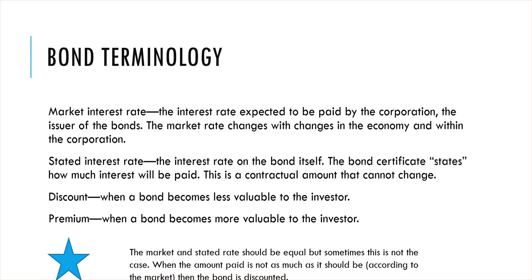So that also becomes important. But stated means it's written down. I think it's fairly easy for us to understand that. And because it's on the contract, it's what they have to pay. It's determinate. It's definite how much interest is going to be paid.